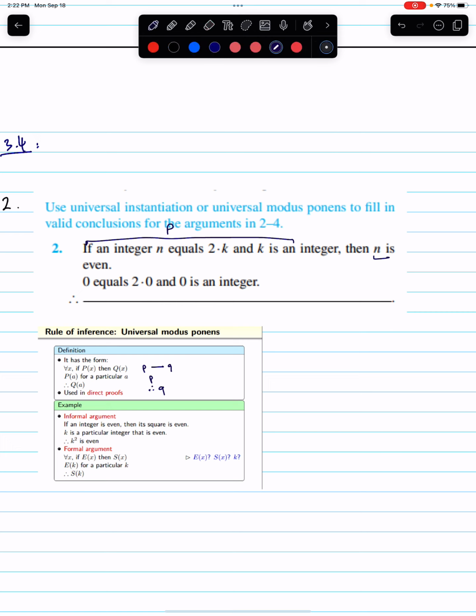So this would be n equals 2 times k, and k is an integer. I'm just describing what this sentence is basically saying. So this is P. They've given us P.